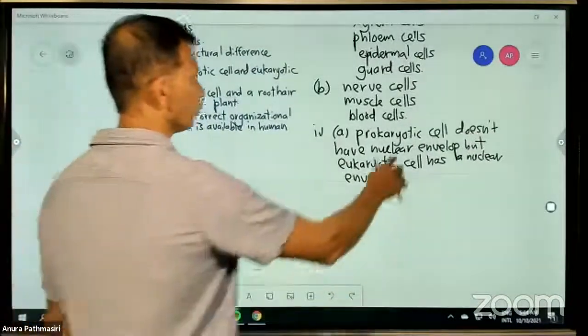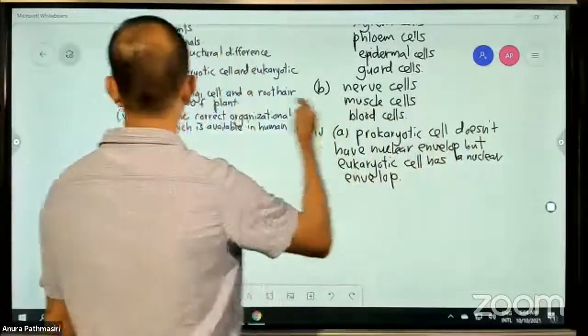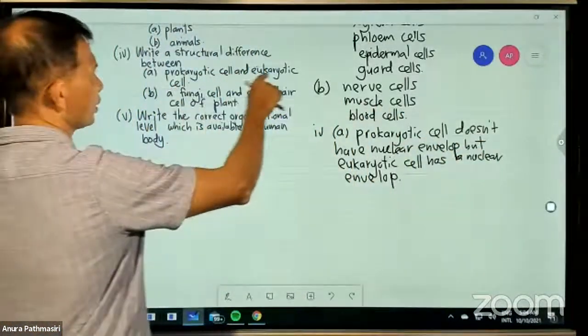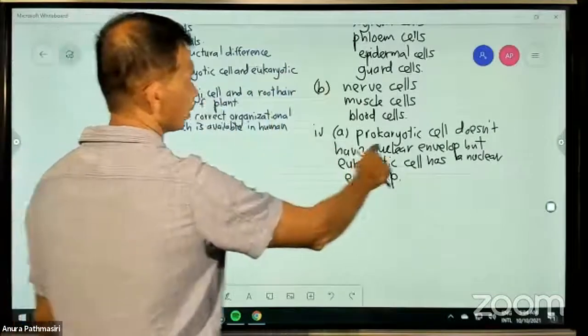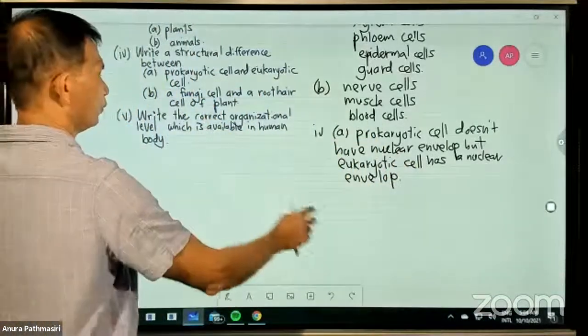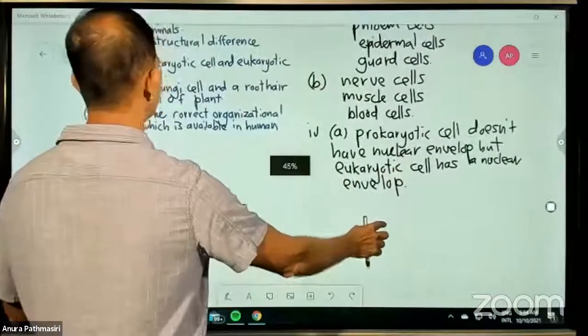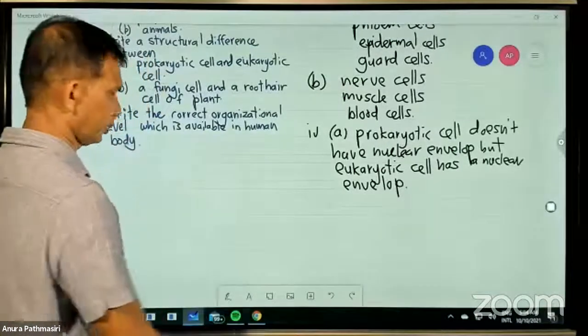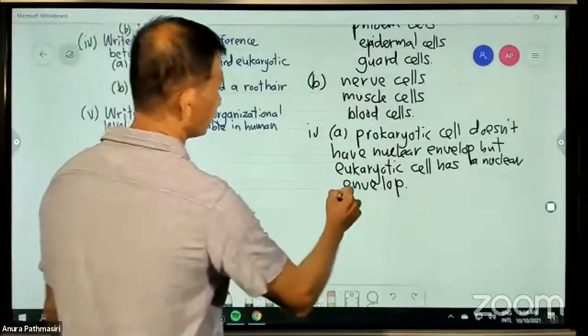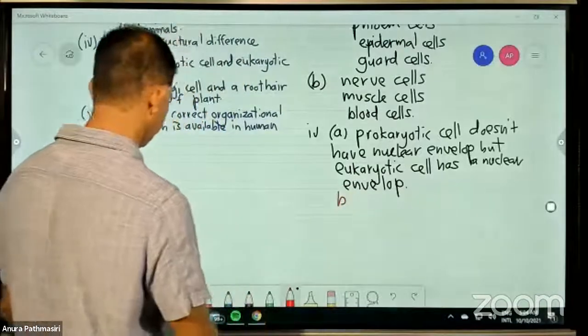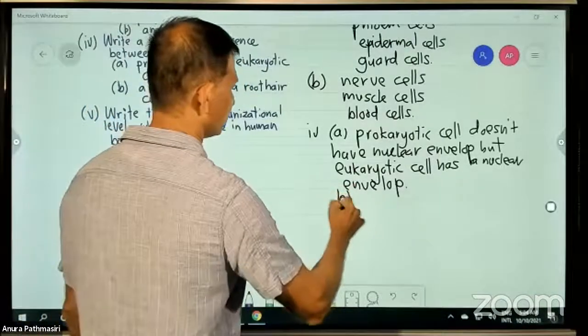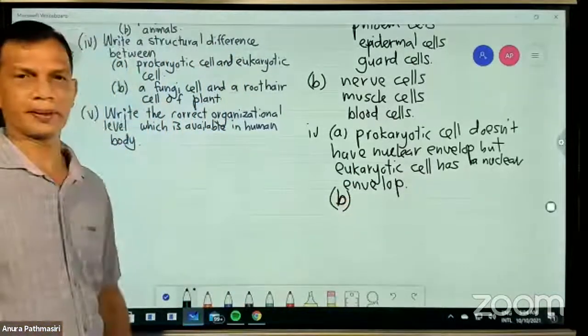Plant cell, you have prokaryotic cell and the eukaryotic cell, right? B, a fungi cell and a root hair cell of plant. What is the difference between the fungi cell and the root hair cell?